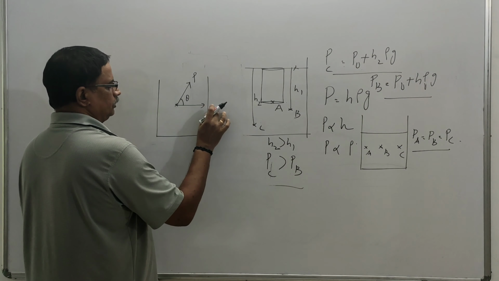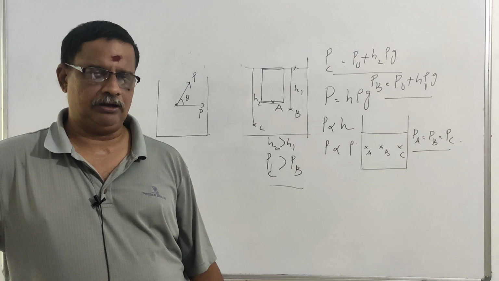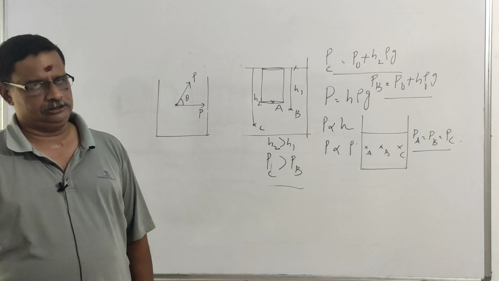If the pressure in one direction at the point is P, the pressure in all directions at the same point is also P. It is direction independent. So don't go for the components of the pressure. It has the same value in all directions.